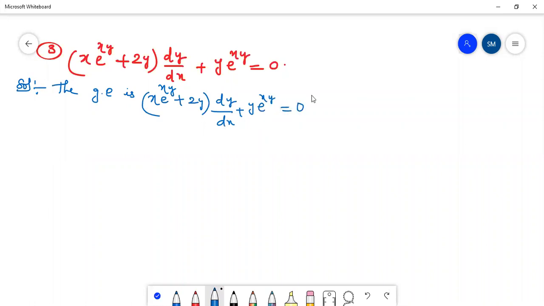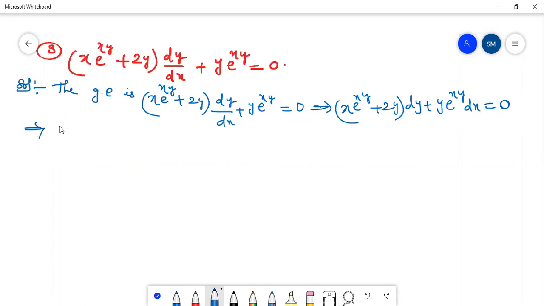From this, we can multiply with dy, or taking the LCM of dy, that is x e power xy plus 2y into dy plus y e power xy dx is equal to 0. Then we can write in the general order, that is m dx plus n dy, that is y e power xy dx plus x e power xy plus 2y into dy is equal to 0. Let it be equation 1.